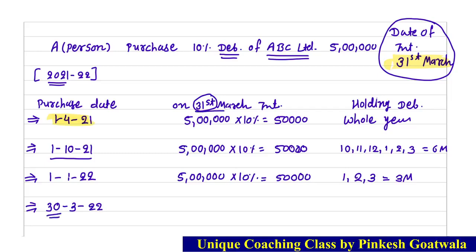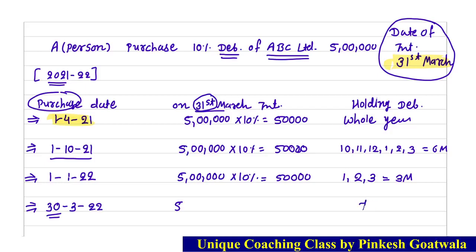Okay, 30 March is the purchase date and interest ની date છે 31st March. So he purchased 1 day before the date of interest. Even here he is holding debenture only for, you can say, 1 day, right? કેટલા દિવસ માટે હોલ્ડ કરે છે?